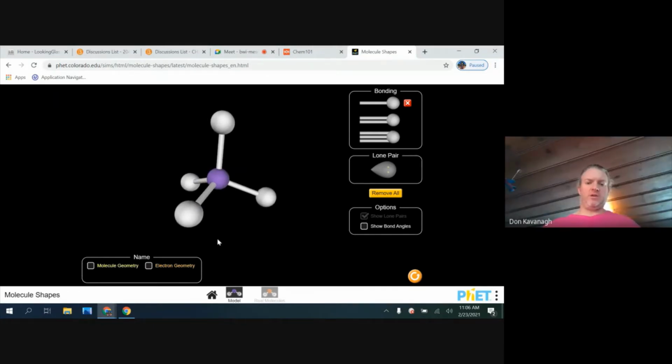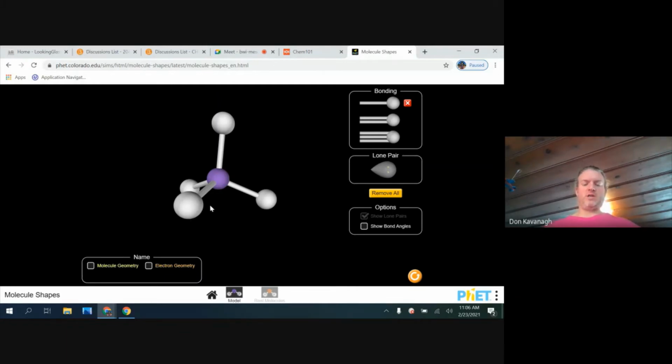So that these two are in the plane of the computer screen. This hydrogen atom is going behind the computer screen, and this is coming toward the computer screen. Now down here, we can predict the molecular geometry and the electron geometry, and then click and unclick it as a self-test.